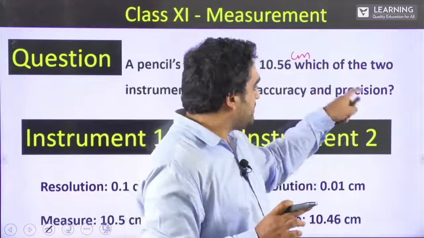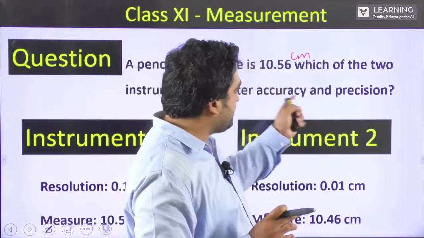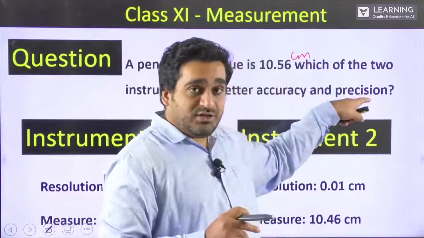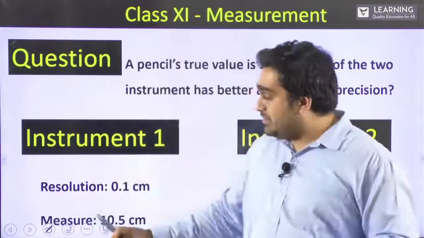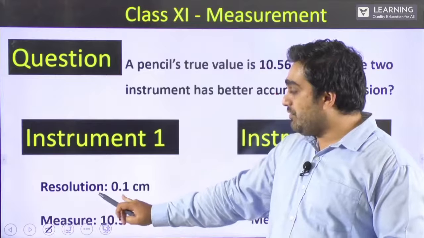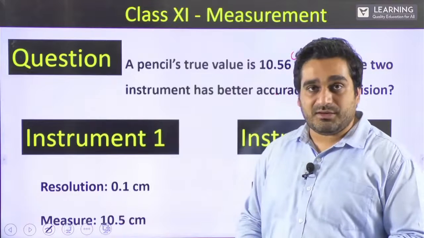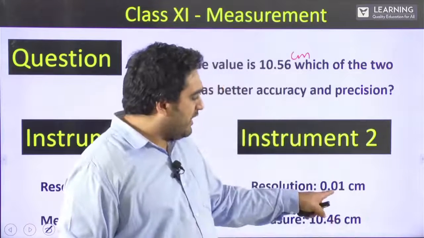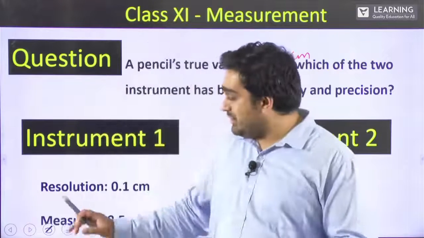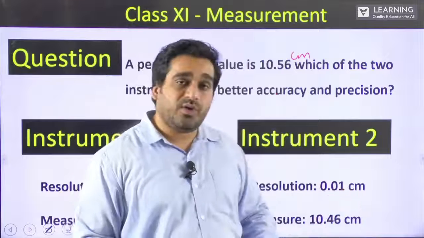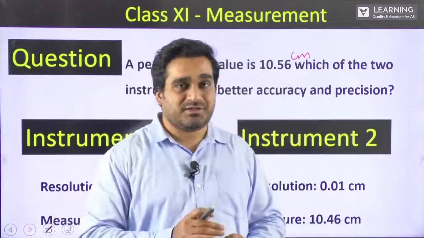First let's discuss the precision and then we'll discuss the accuracy. For precision, you need better resolution. In the first case, the resolution is only about 0.1 centimeter. In the second case, you have 0.01 centimeter. So among these two, which one has a better precision?